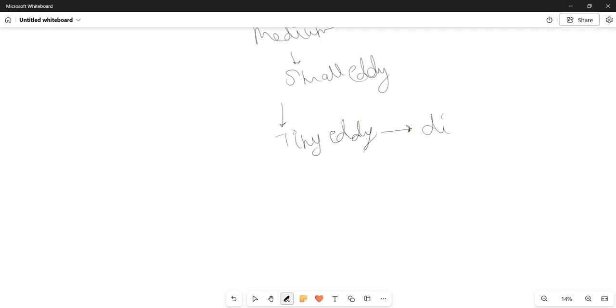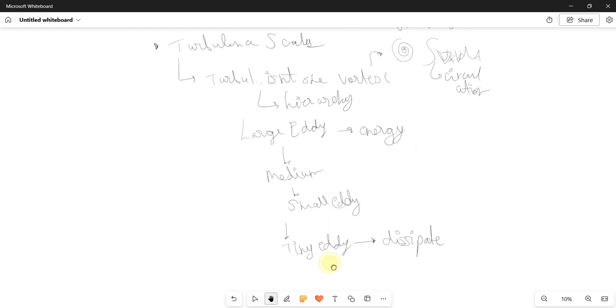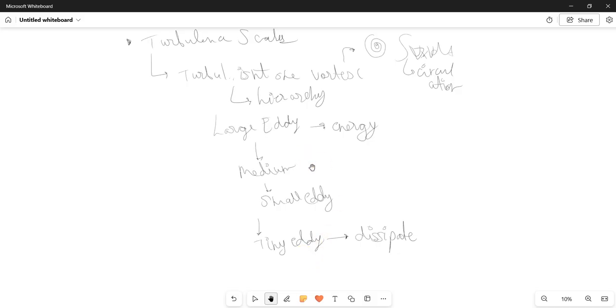These dissipate energy, so they give out energy, right? So the large eddies carry energy, and the tiny eddies dissipate energy, right? Just go through this hierarchy.